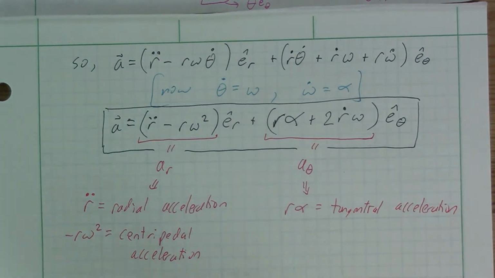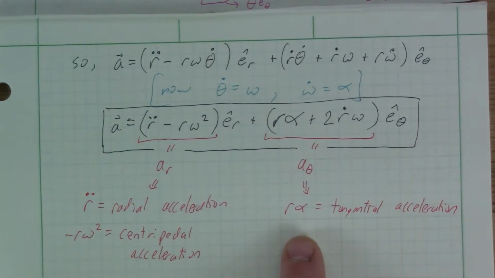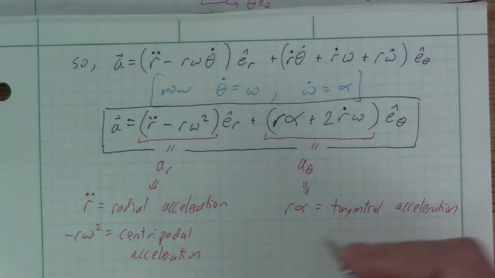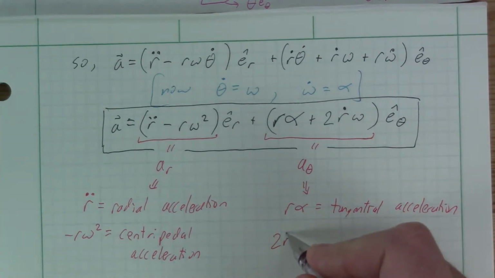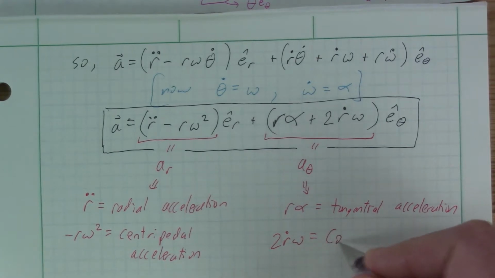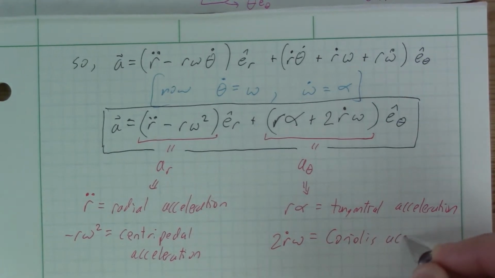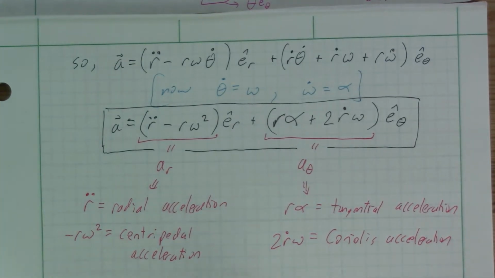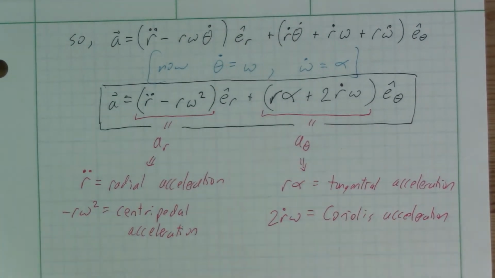Directly, meaning that when a point has an angular acceleration, this is the translational acceleration associated with that at a particular radius. And then we have one other term. This one is called the Coriolis acceleration. When we get to the examples, we'll talk more about the individual components here.